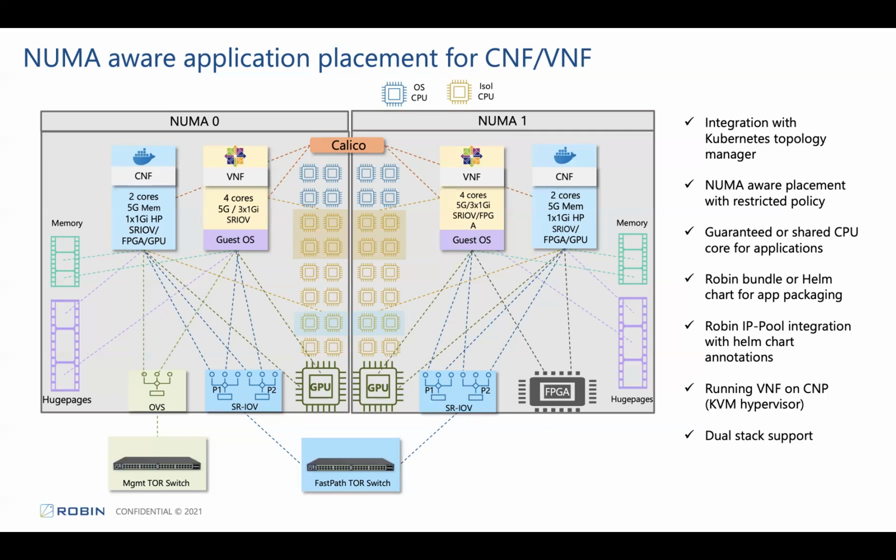But the management would still look like a Kubernetes control plane, where you would see a pod running and you would be able to do all the lifecycle management, just like the Kubernetes manage and Robin application management. Also, we can do dual stack support for the applications, like I already mentioned in the previous slide.